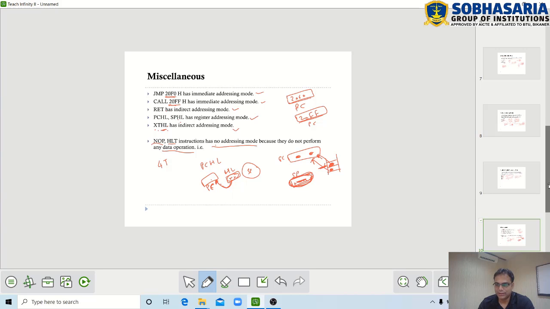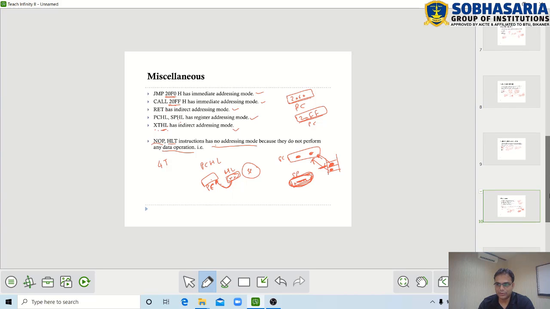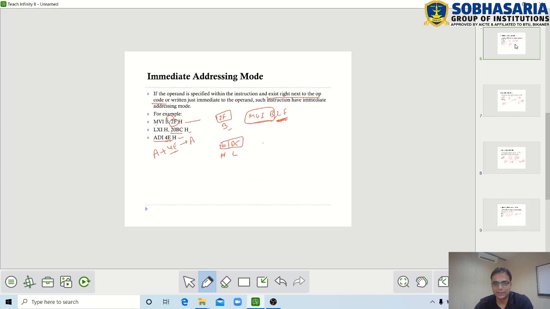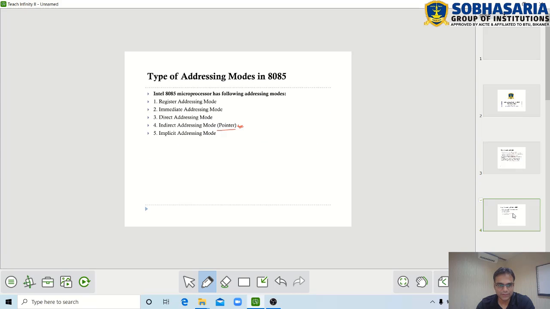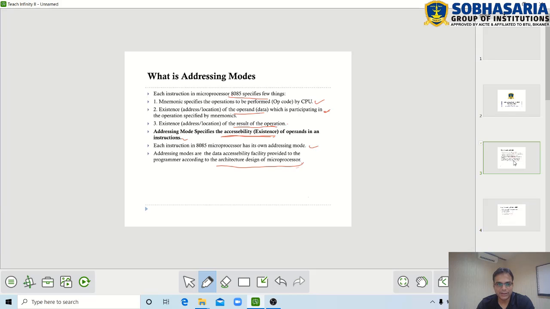So I hope you have understood the concept of addressing modes, right? So in the 8085 microprocessor there are 5 addressing modes: register, immediate, direct, indirect and implicit. Don't forget the definition of the addressing mode.